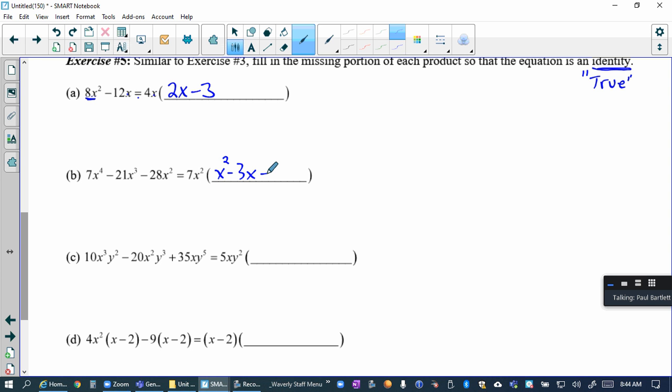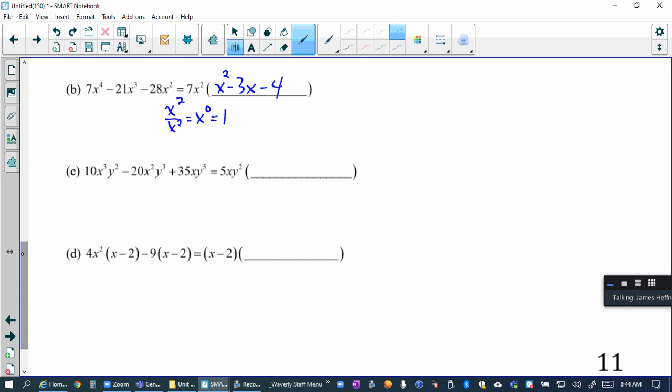Wait, no, what did we do? Minus 4, right? Because the x squared divided by x squared equals x to the 0, and anything to the 0 is 1, right? Okay. Let's move on to part C.